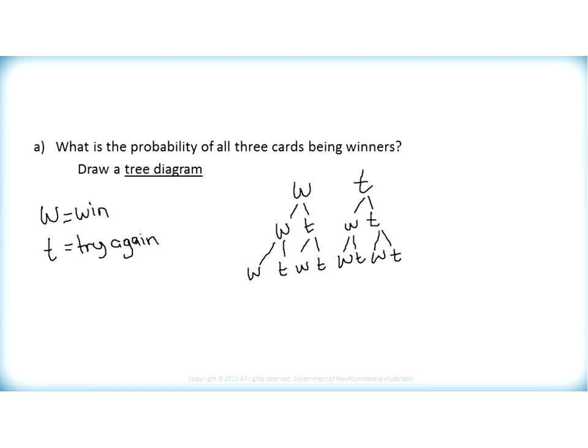I could have either win, win, win, win, win, try again, win, try again, win, win, try again, and so on and so forth, which leads me to 8 possible outcomes.